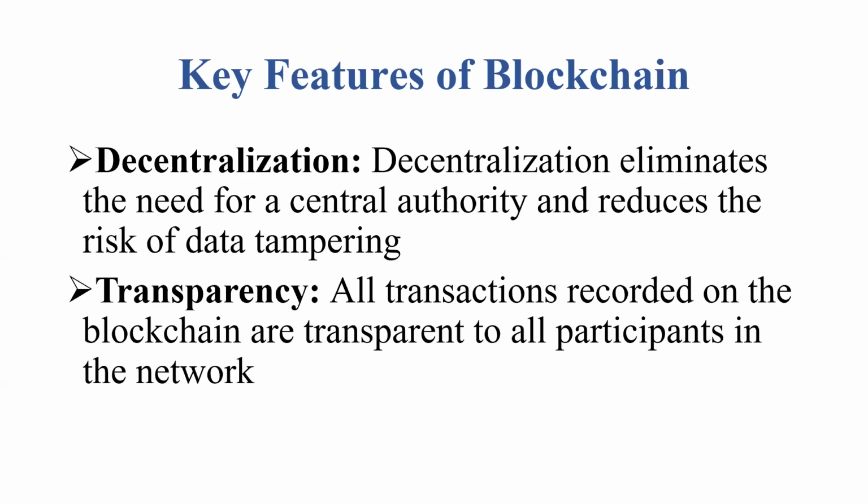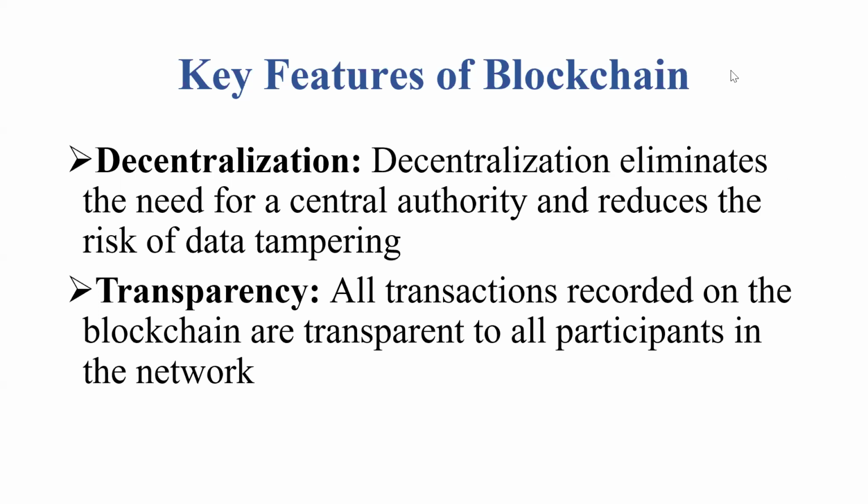Let's now discuss the key features of blockchain. And we'll begin with decentralization and transparency. Decentralization eliminates the need for a central authority and reduces the risk of data tampering.